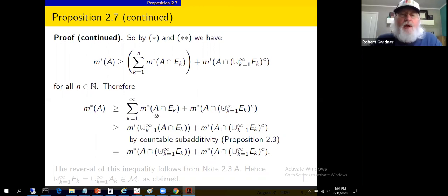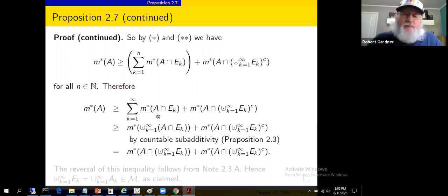Now, I don't want to see a sum of measures. I want to see a measure of a union. But wait, we related the outer measure of a countable union to the sums of those outer measures, and we did so in countable subadditivity. This looks a little bit backwards from the way we stated it, but we said the outer measure of a union is less than or equal to the sum of the outer measures.